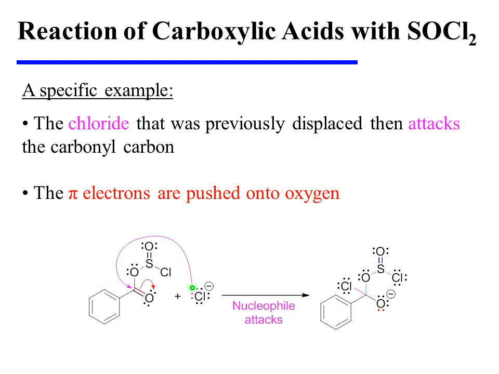This process begins with the attack of chloride on the carbonyl carbon, and this attack results in the carbonyl pi bonding electrons being displaced onto oxygen. A tetrahedral intermediate is formed.